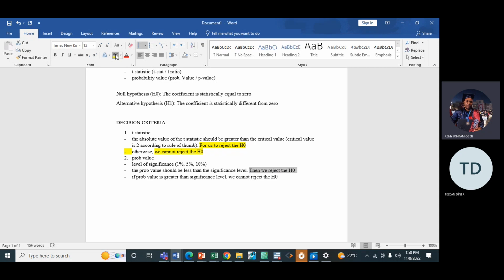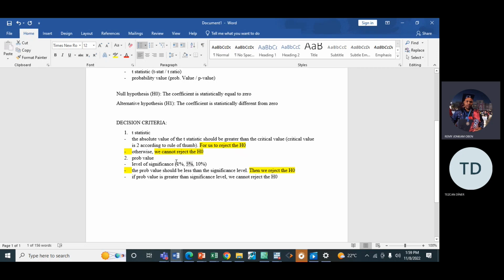Now, if we are using probability value to make this decision, then in order for us to reject the null, this condition must hold. That probability value must be less than the significance level, right? So let's assume that our significance level we are using is 5%, then in order for us to reject the null at 5% level of significance, the probability value must be less than 5%.